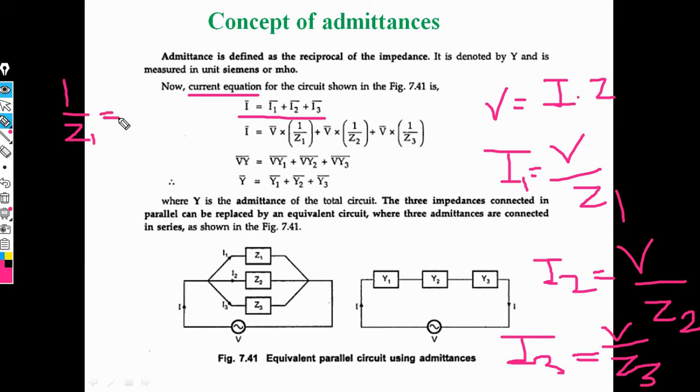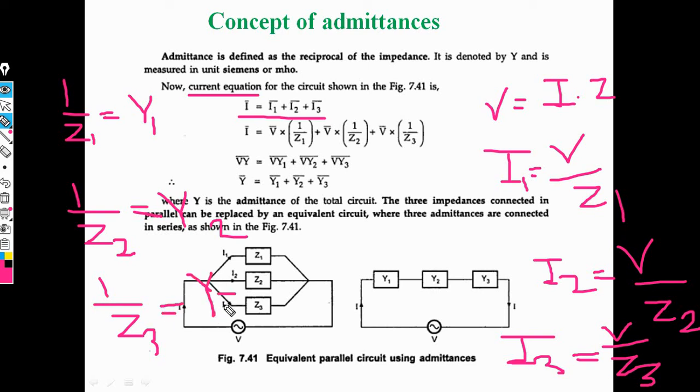But 1 upon Z1 means 1 upon impedance, which is admittance Y1. 1 upon Z2 means Y2 is admittance. Then 1 upon Z3 means Y3. Okay, that is here I is V into Y, that is voltage with respect to admittance: V Y1 plus V Y2 plus V Y3.